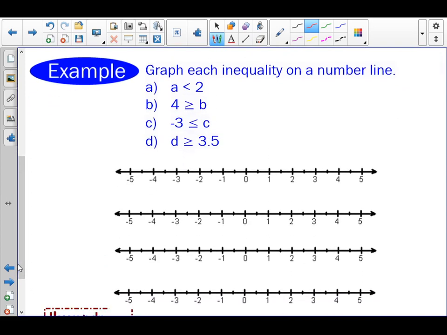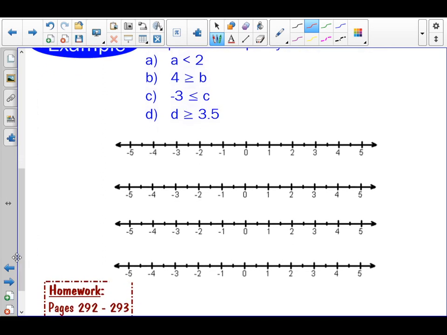The next example asks us to graph these inequalities on a number line. So I have 4 number lines here. I might as well label each of them A, B, C, and D.